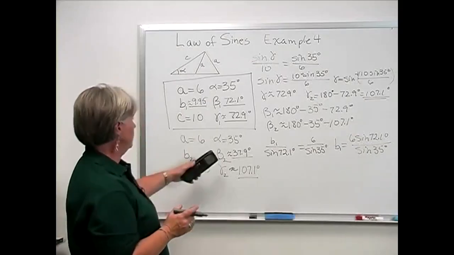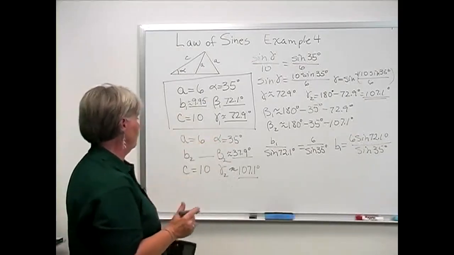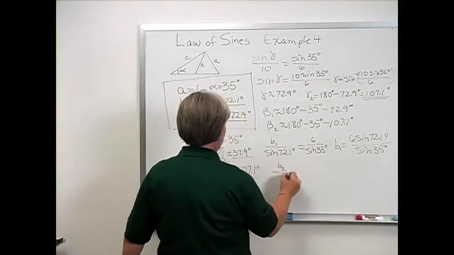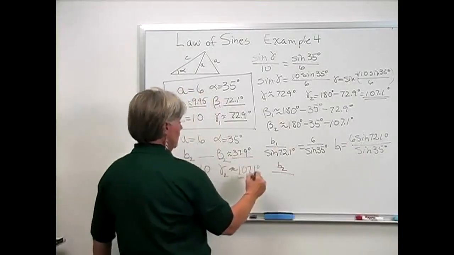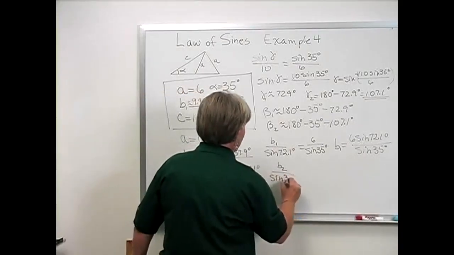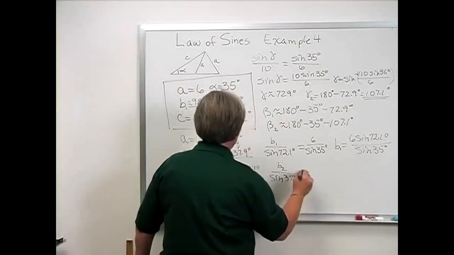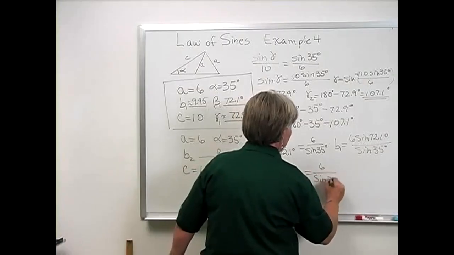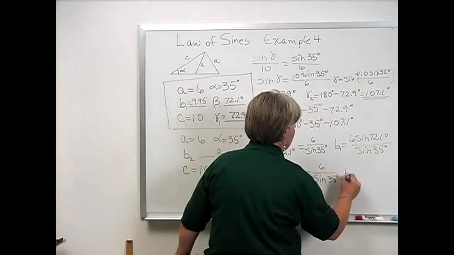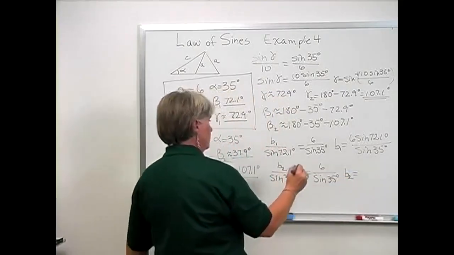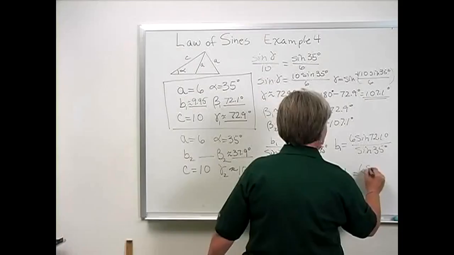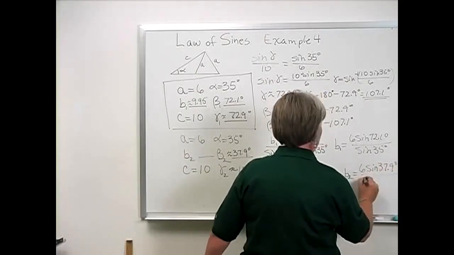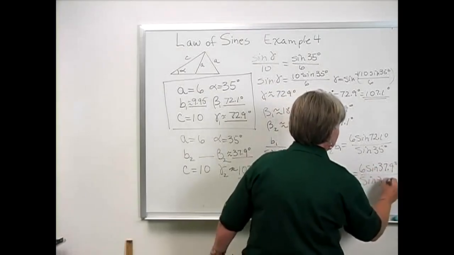Now we'll find B2. Again, we're going to use what we're given, not what we found. So we set up that B2 is to the sine of 37.9 degrees, as 6 is to the sine of 35 degrees. So B2 is 6 times the sine of 37.9 degrees divided by the sine of 35 degrees.